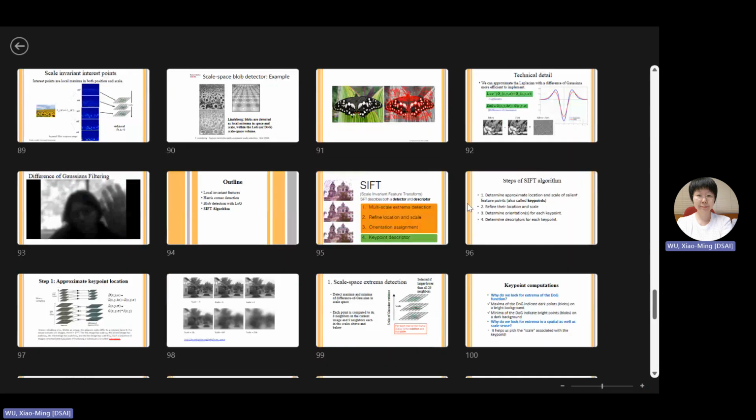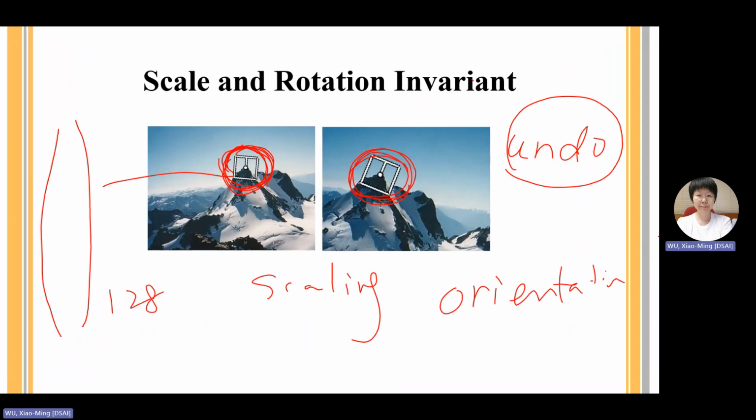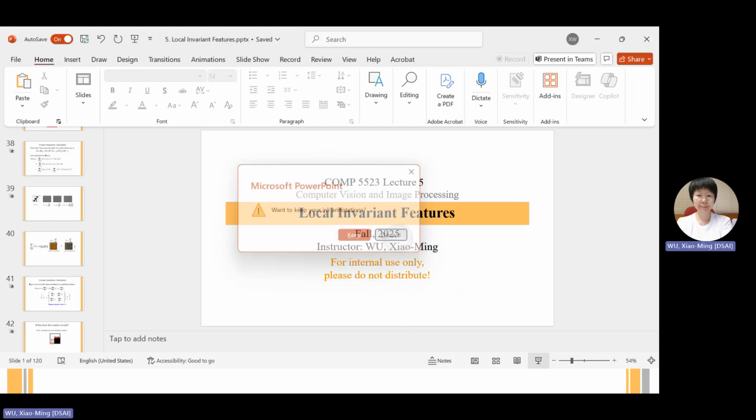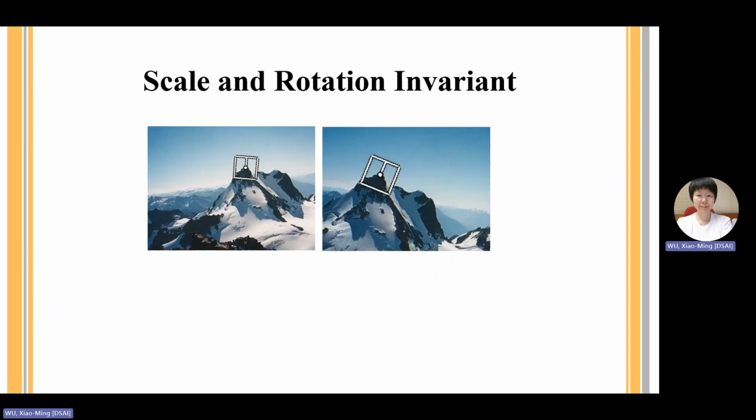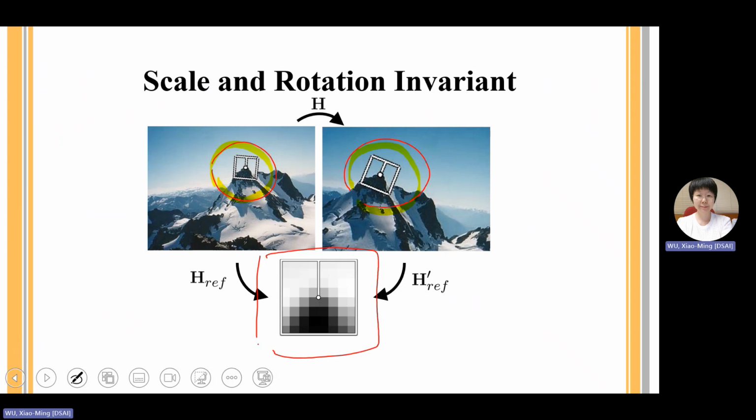For these two different patches, after we undo the scaling and orientation effect, we can transform them to this standard patch, and then they are represented by roughly the same vector.